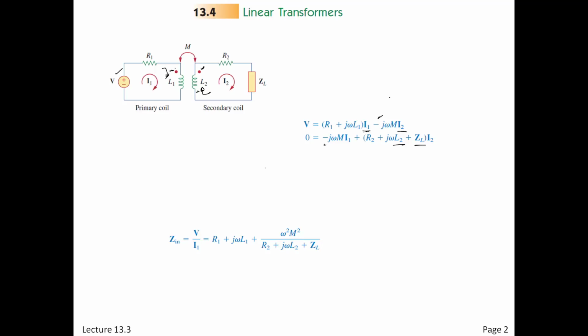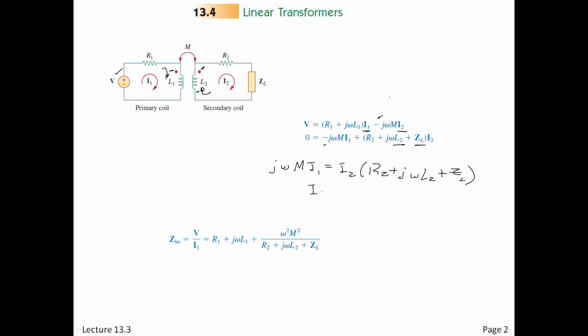The minus sign gives us very nicely j omega M times I1 is equal to I2 times this whole thing, R2 plus j omega L2 plus Z of the load.